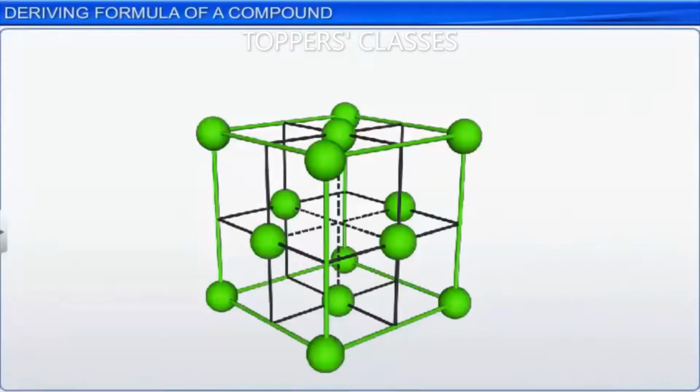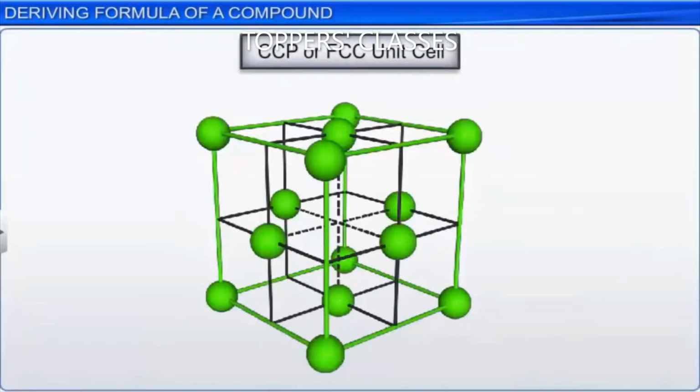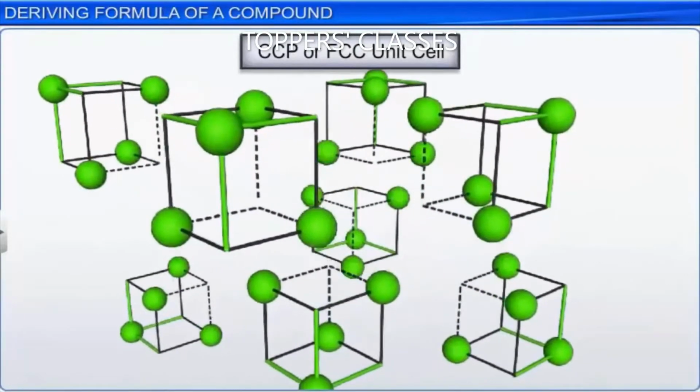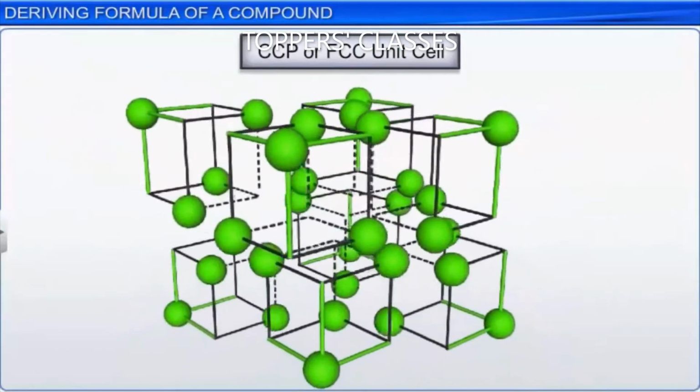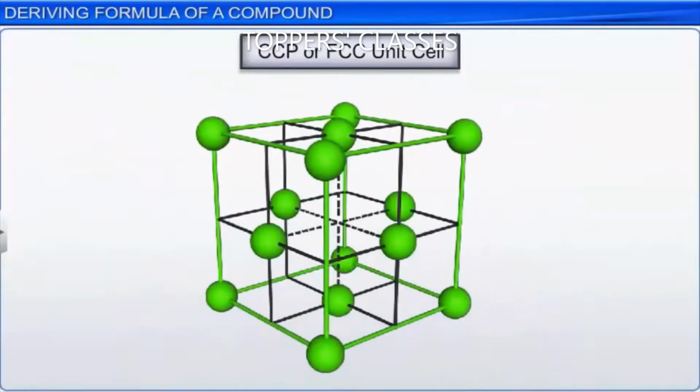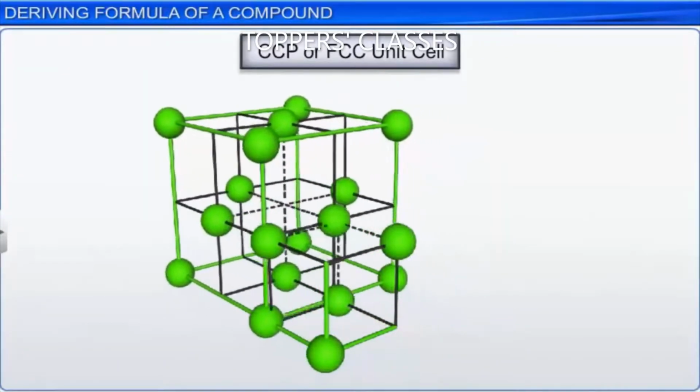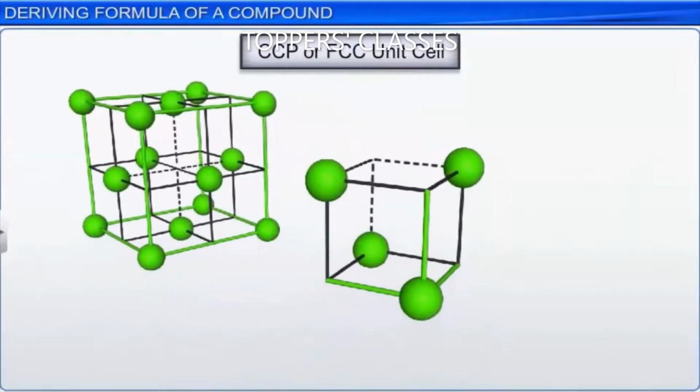Now let us try to locate the tetrahedral and the octahedral voids in the CCP or FCC structure. Consider a CCP or FCC unit cell. Subdivide this big cube into 8 small cubes as shown here. Now consider one small cube.